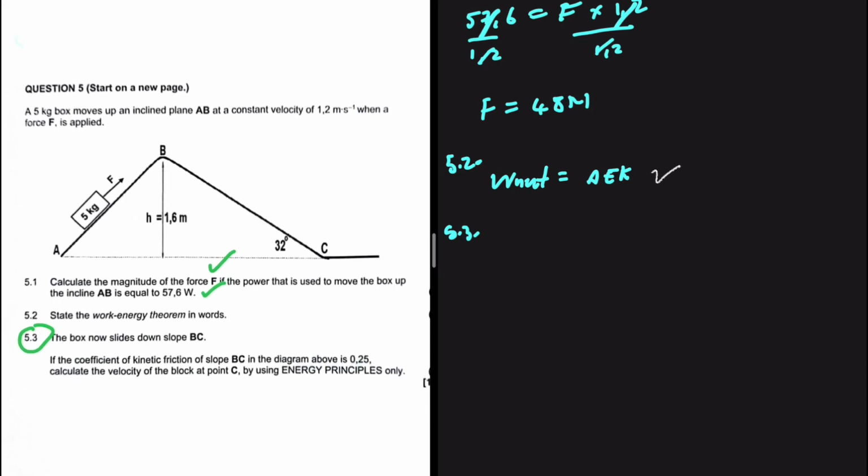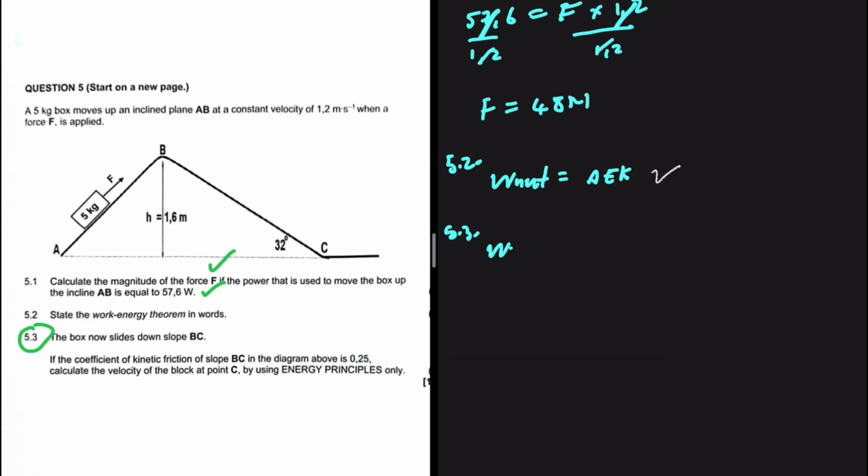5.3, the box now slides down slope BC. If the coefficient of kinetic friction of slope BC in the diagram above is 0.25, calculate the velocity of the block at point C by using energy principles only. So if the question says using only energy principles, there are three formulas you can use.